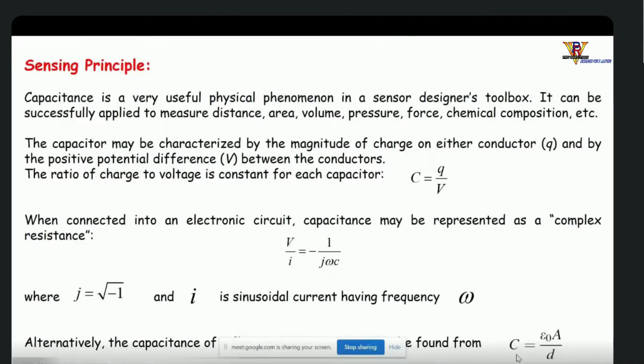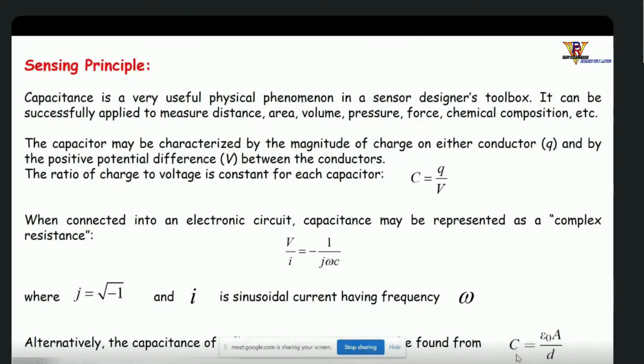The capacitor can be used to measure distance, area, volume, pressure, force, chemical composition, etc. So it can be used in different sensors to sense these inputs. How can a capacitor be used to sense? We will discuss this.